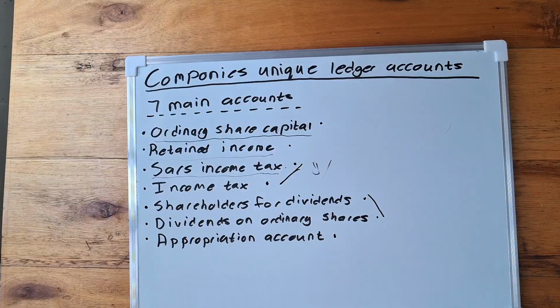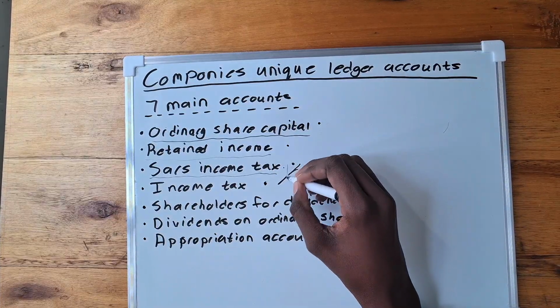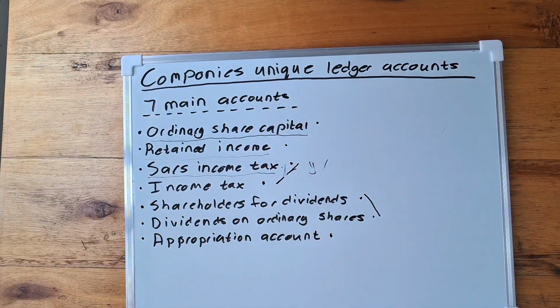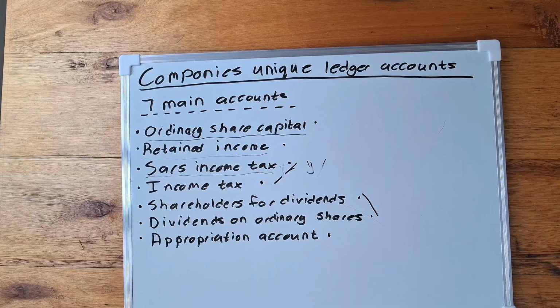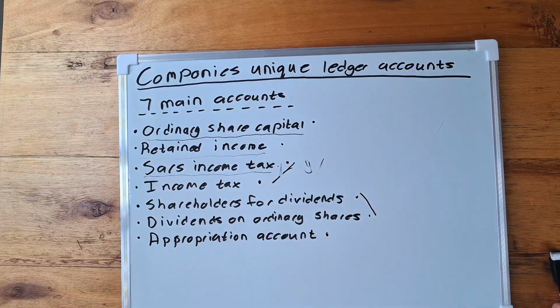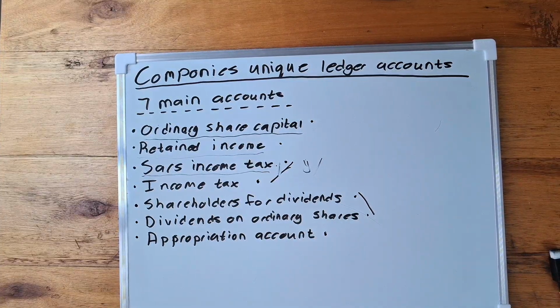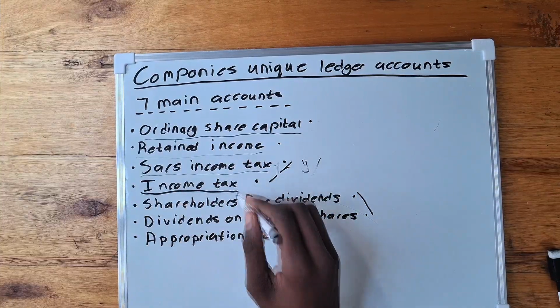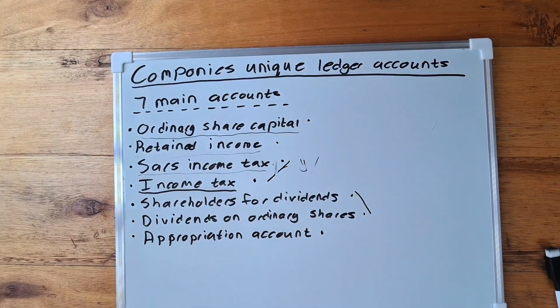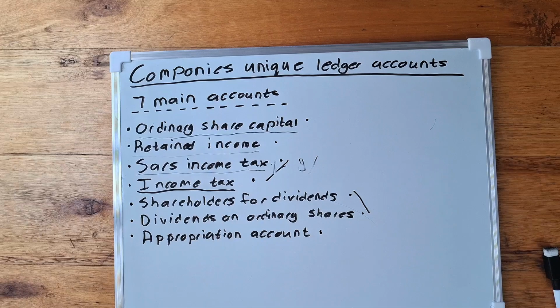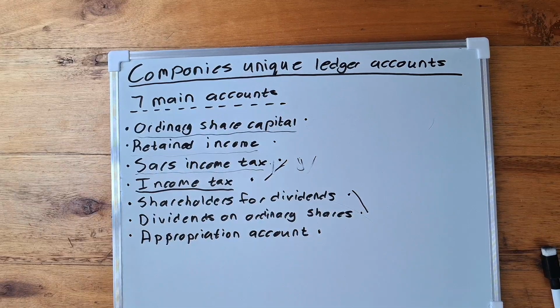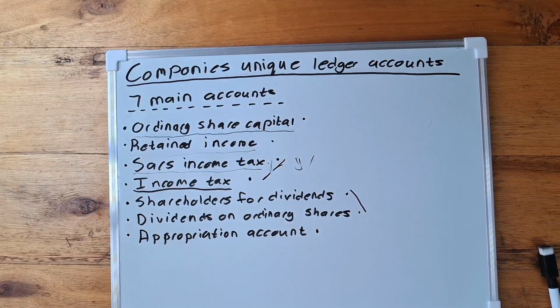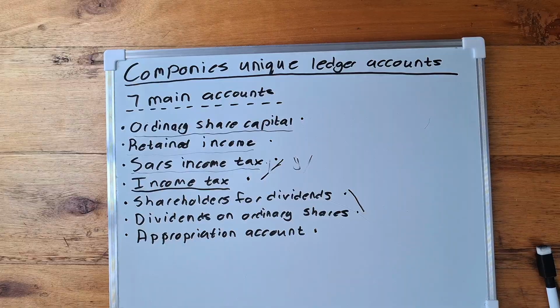Remember, these two are linked, so you must know how to differentiate the two. The income tax shows the total amount of tax as a liability, and it is a liability because the company, in this case, is owing SARS.